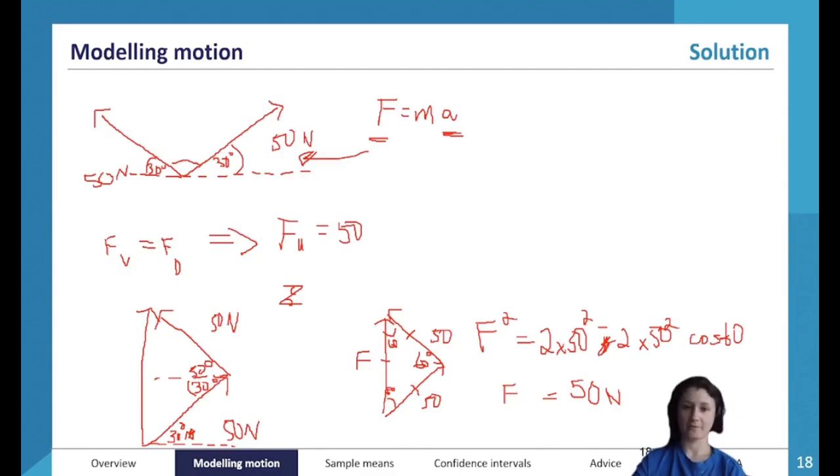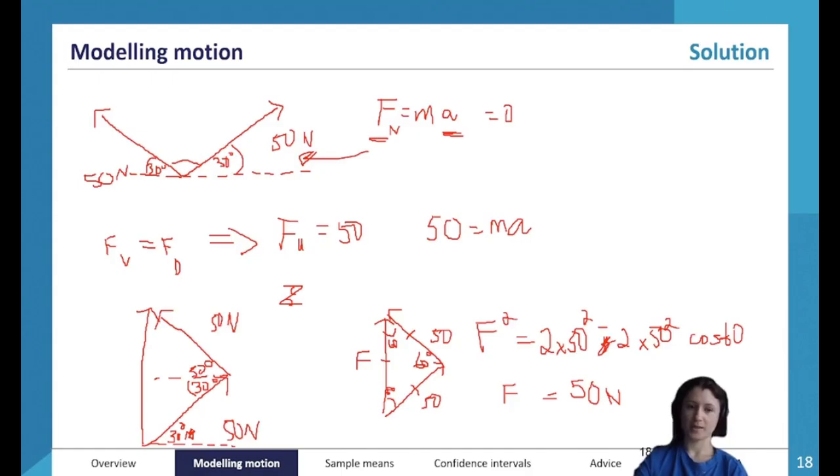We have a net force of 0 because nothing is moving, so we have a net force of 0, acceleration 0. Alright, so we know that 50 is equal to ma.